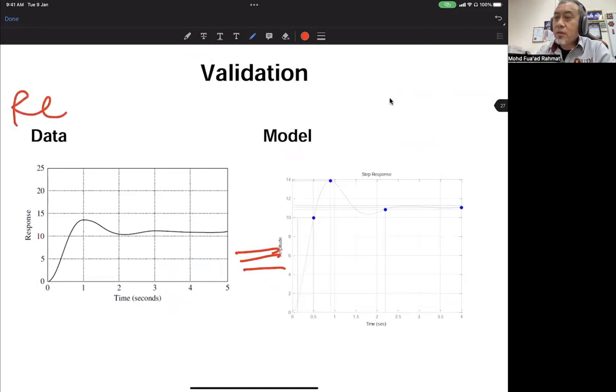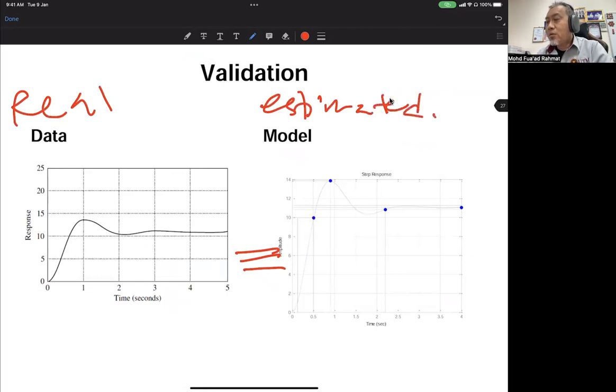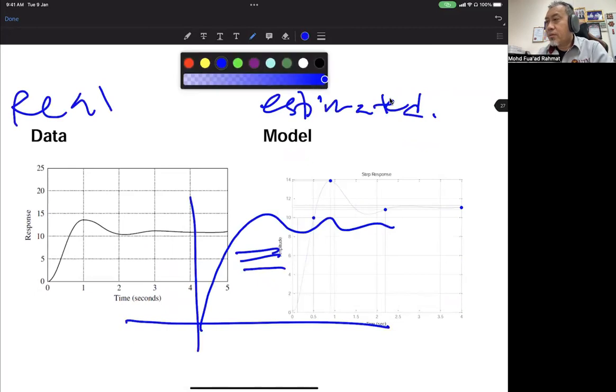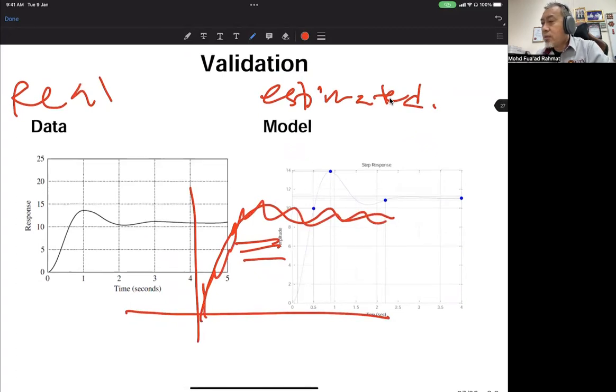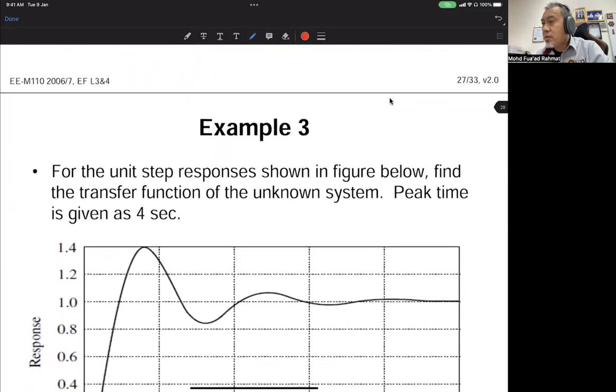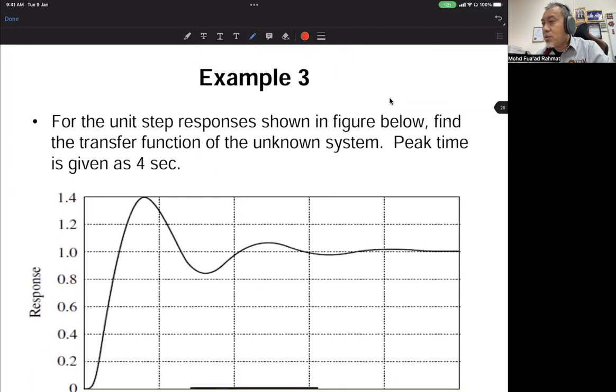We call it the real data, and this one is the estimated model. We just estimated and it matched. It's supposed to be one graph and follow the value there. The data and the model must agree with a percentage of above 90%.